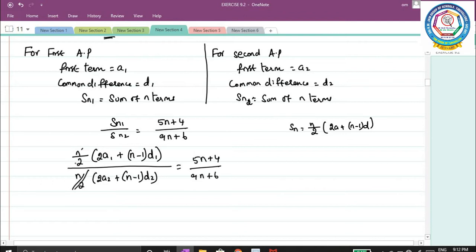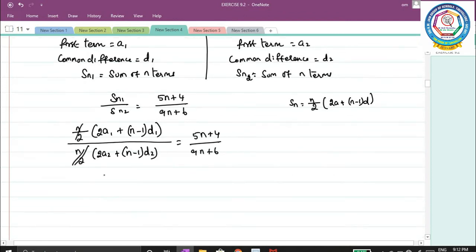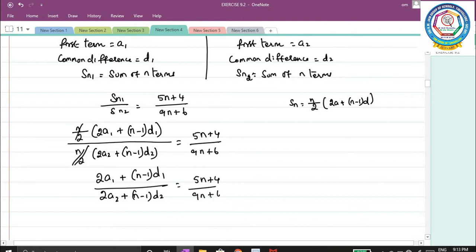Here n by 2 we can cancel, so remaining 2a1 plus n minus 1 into d1 by 2a2 plus n minus 1 into d2 equal to 5n plus 4 by 9n plus 6.